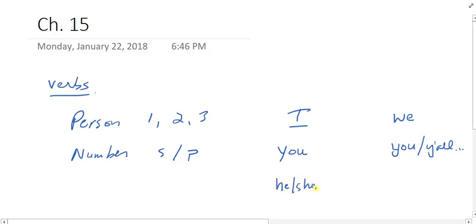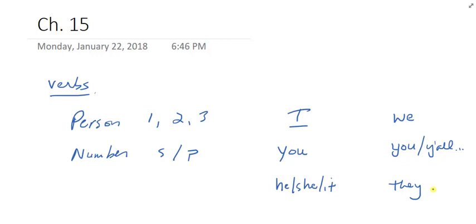He, she, and it. Good. And if it's plural? They. Okay, so third person and plural. If something is neither the speaker, which is who first person refers to, nor the addressee, you, which is who second person refers to, then of necessity it's in the third person category. Third person is the catch-all: anybody besides I, we, and you, y'all.